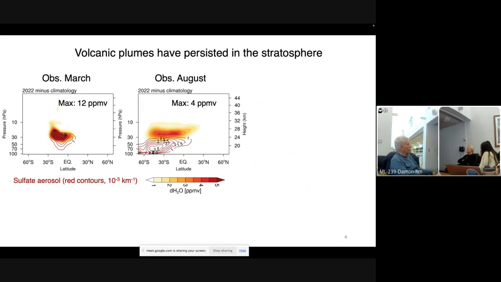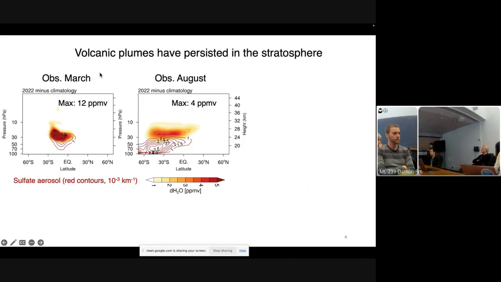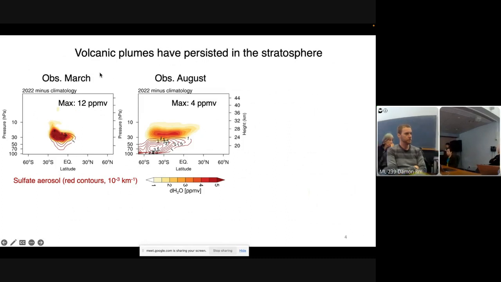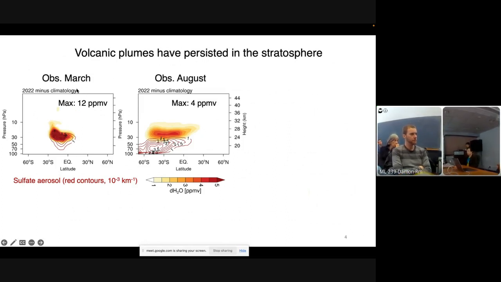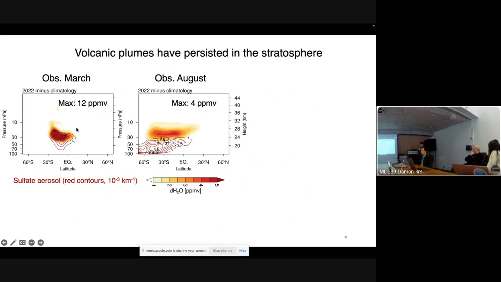Here, I just want to show you the evolving volcanic plumes in the observation first. This volcano erupted in January 2022. On the left, I'm showing you the observation in March, two months after the eruption, and you see the sulfate aerosol plume as a red contour and the water vapor plume as red color shading co-located in the stratosphere near 20 hectopascal.